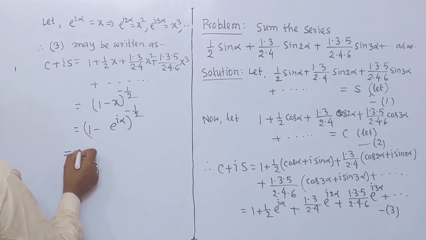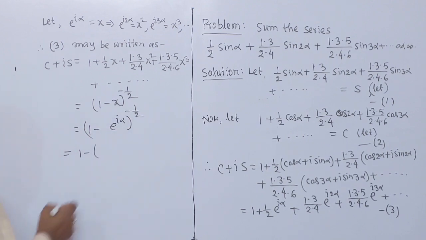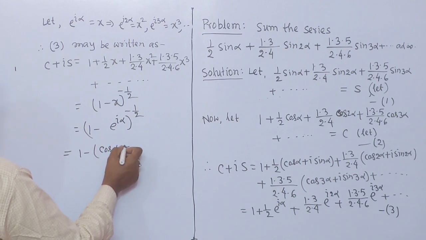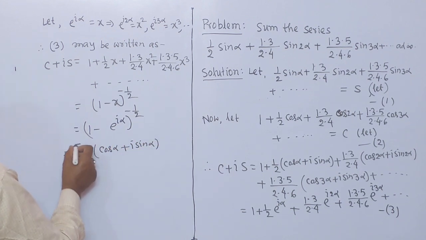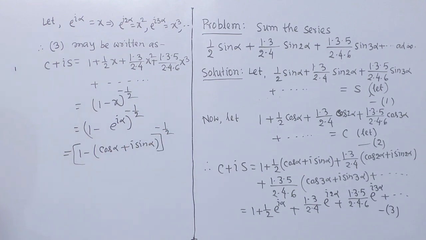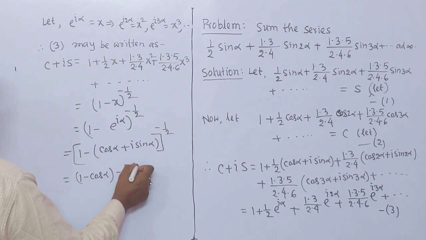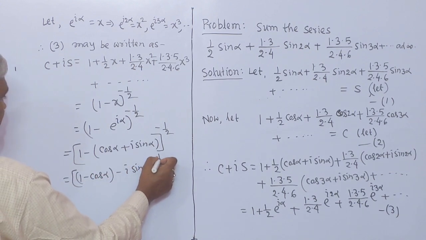This is equal to (1 minus e to the power i alpha, which is cos alpha plus i sin alpha) to the power minus half. This is equal to (1 minus cos alpha minus i sin alpha) to the power minus half.